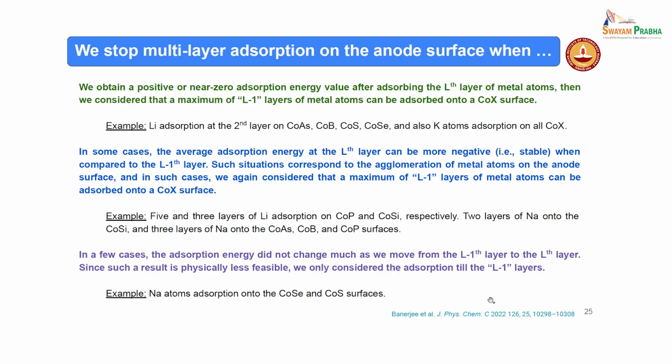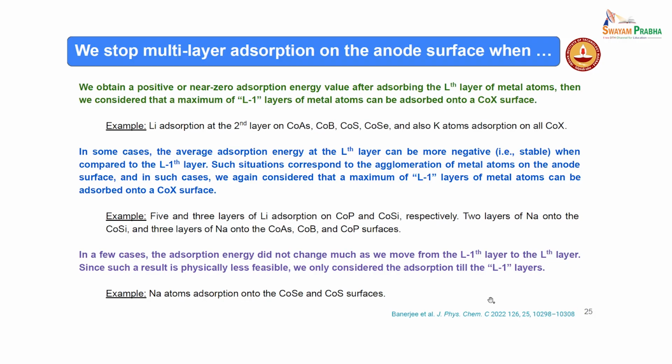That's what we would expect, because metal and metal atoms will be there. They will be repelling each other, right? There is no attraction between the non-metal and the metal atom. So whenever we obtain anything different than that, we will stop there. What is the reason? We think that it is leading to agglomeration. That means the atoms will start to bind with each other. That's the reason the total energy is increasing. So we will not consider that.